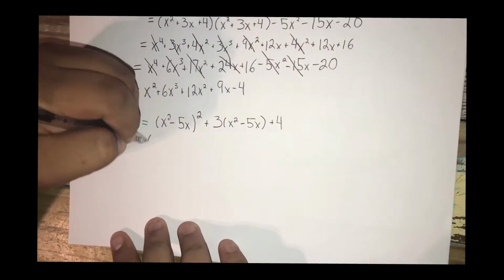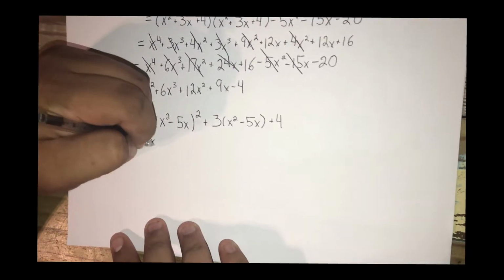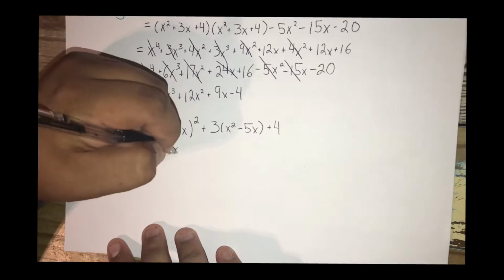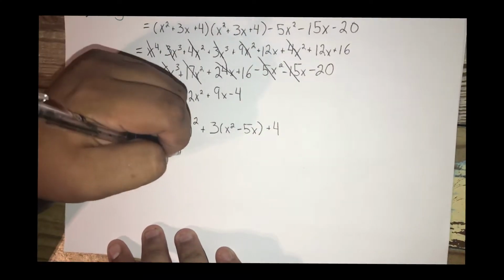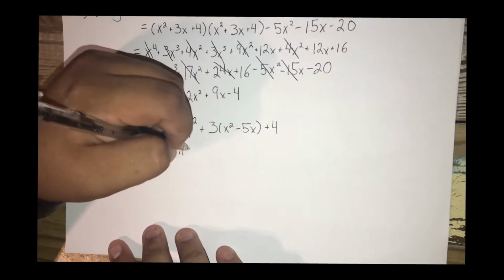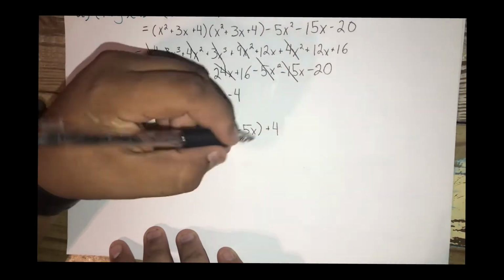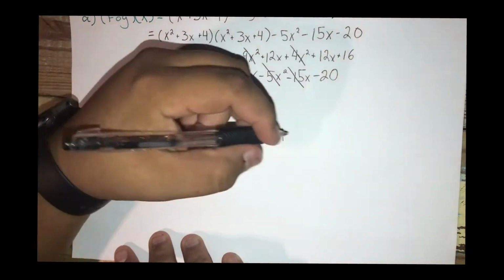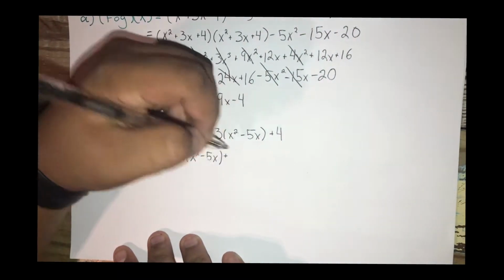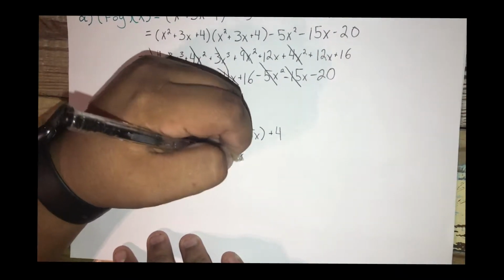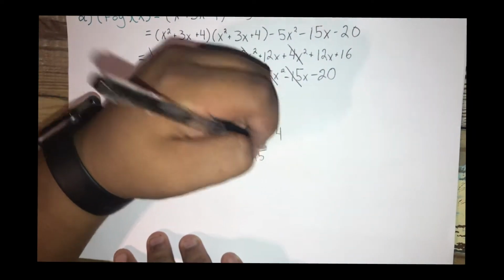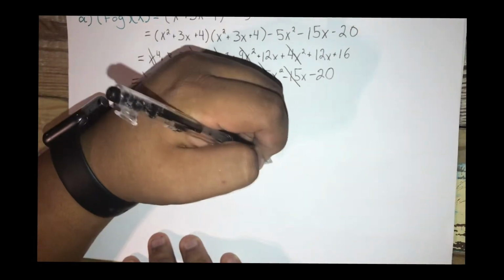After that, you're going to have to simplify more, and of course you just have to multiply x squared minus 5x times itself. That's where you're going to use x squared minus 5x times x squared minus 5x, which will come up before the plus 3x squared minus 15x plus 4, which we got from using the distributive property for the 3 times x squared minus 5x.